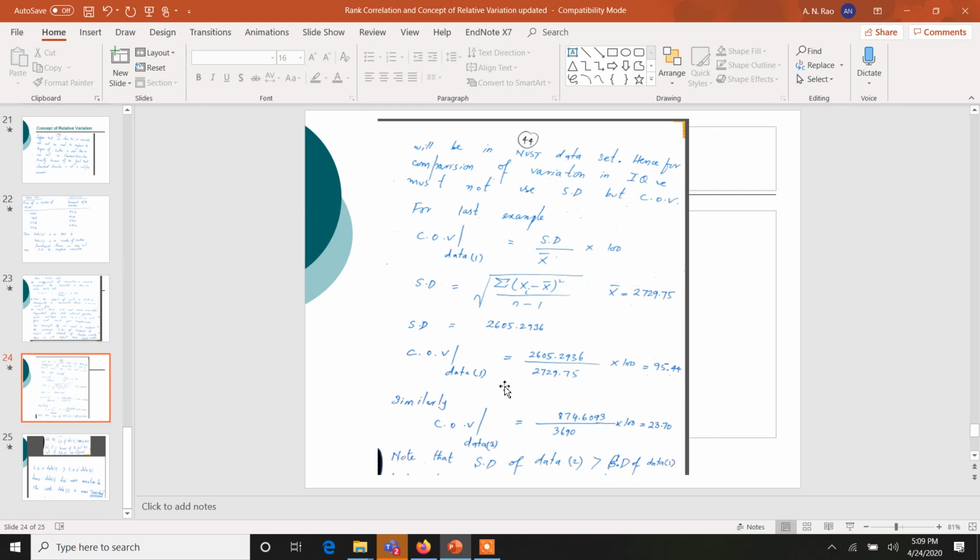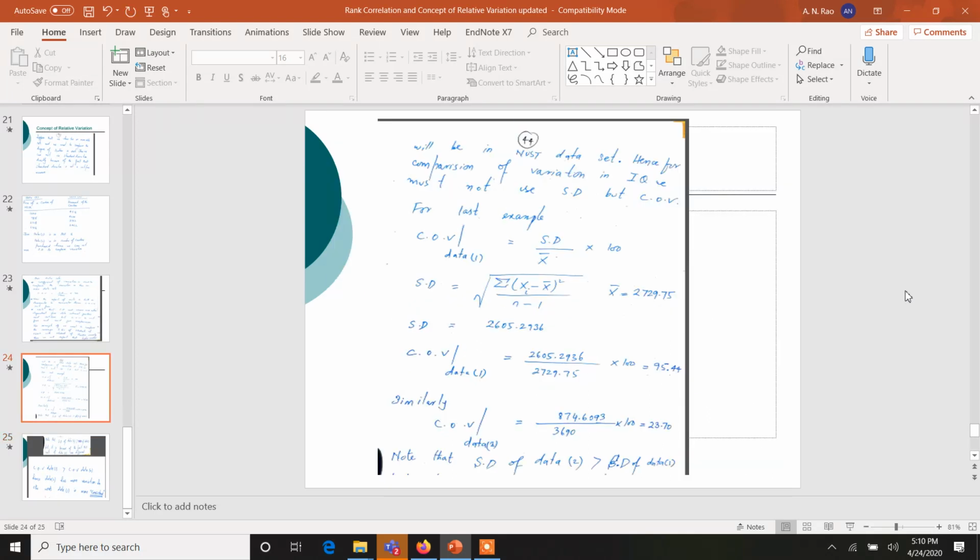So from an exam point of view, if you are given two data sets and you are asked which data has more variation, you should separately calculate the standard deviation and mean of both data sets, and then calculate their coefficient of variation once again separately, first for data 1 and then for data 2, and then compare the final answers of coefficient of variation. So the data whose coefficient of variation is higher is said to have more variation, right?